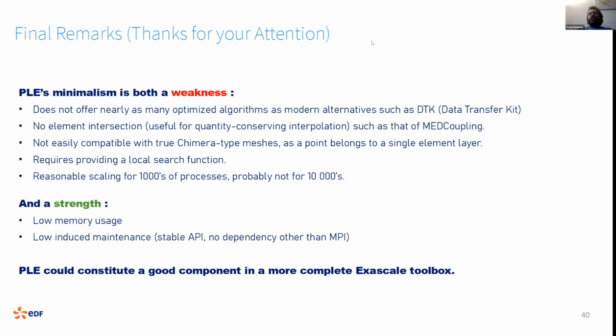It means we probably need to put more ranks on the other code and fewer on that one, and that can help. But basically, the cost of PLE compared to the computations in our application is very small, so it doesn't really count in that balancing aspect. Thank you.